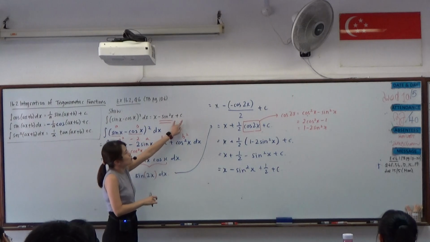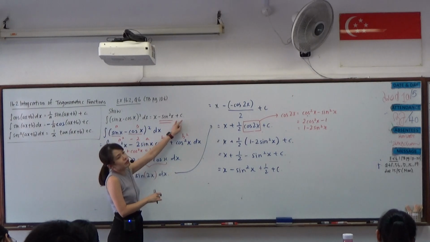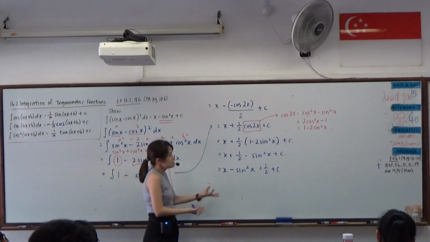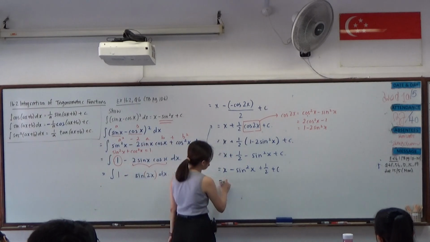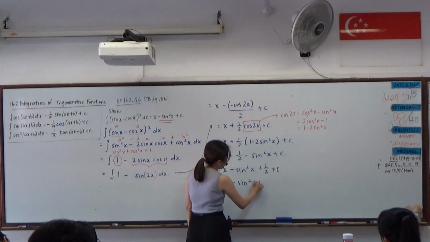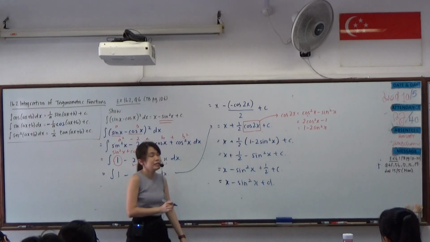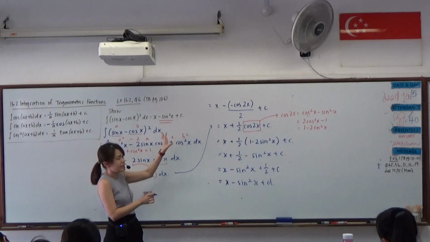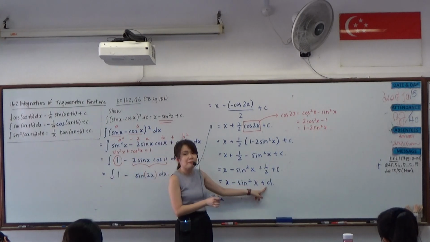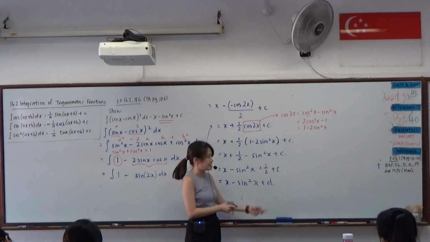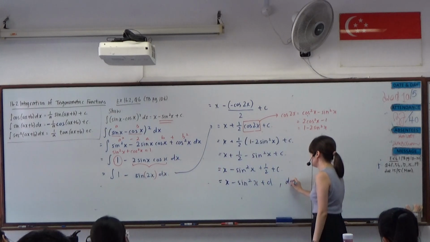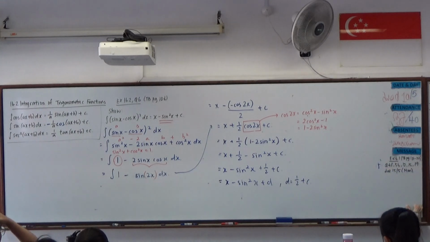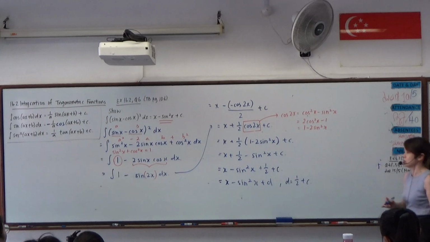We should not forget that c is supposed to be an arbitrary constant, just a constant number, any number itself. So plus half plus c can be replaced by another arbitrary constant d. It need not always be the same letter as the question gives you. We just see c as an arbitrary constant, so the arbitrary constant in this case is d, which is half plus c. That's how we go about showing this question.